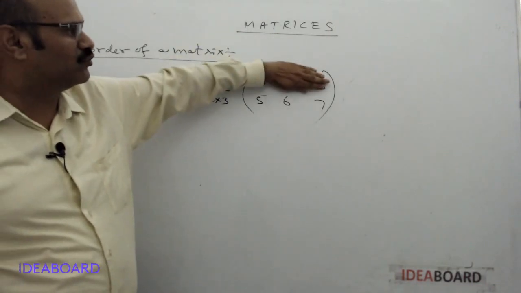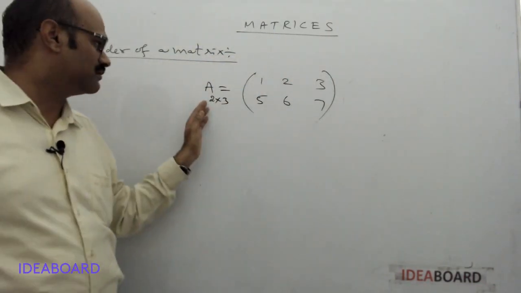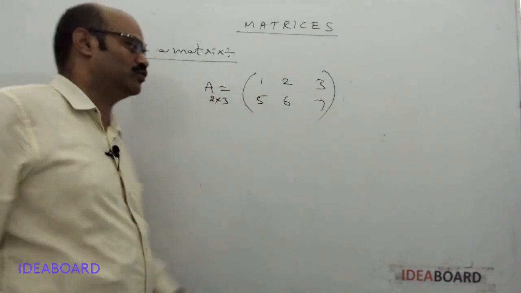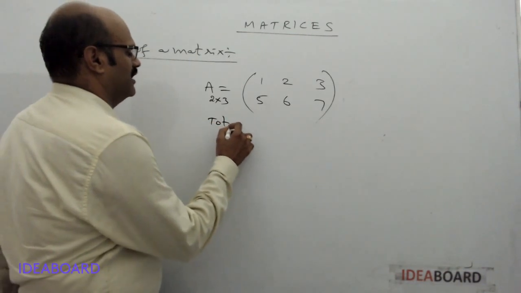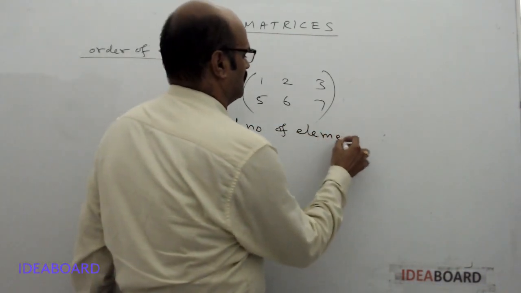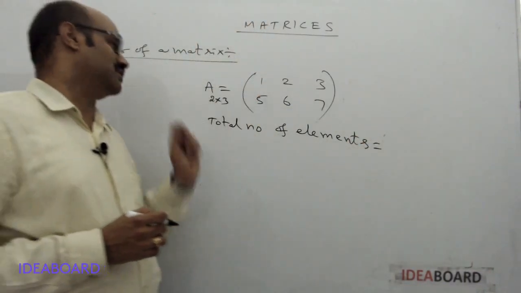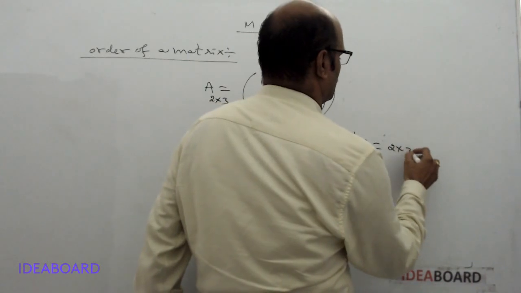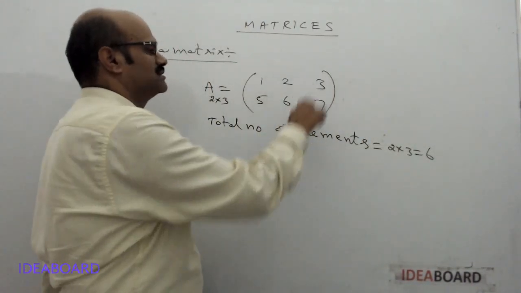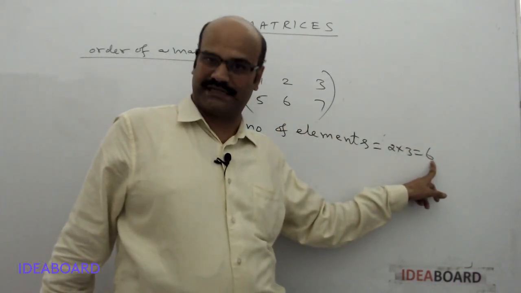Since we are having 2 rows and 3 columns, the total number of elements in the matrix A equal to 2 into 3, equal to 6.